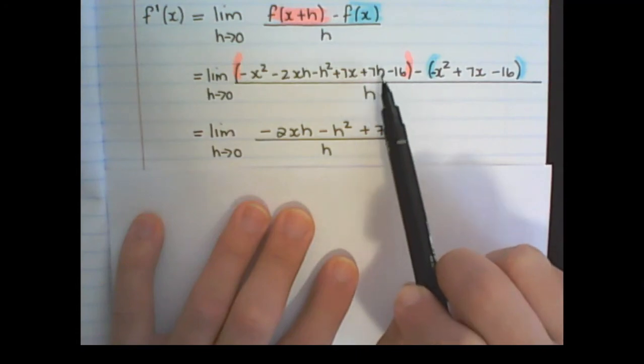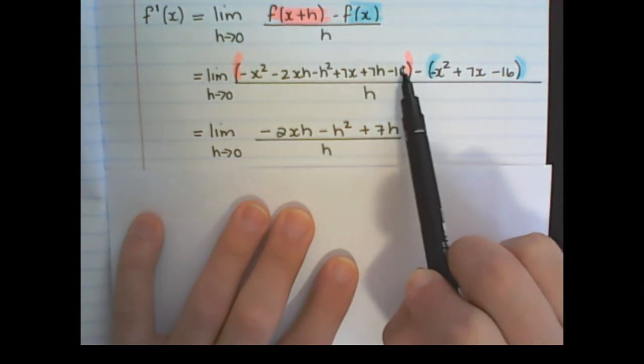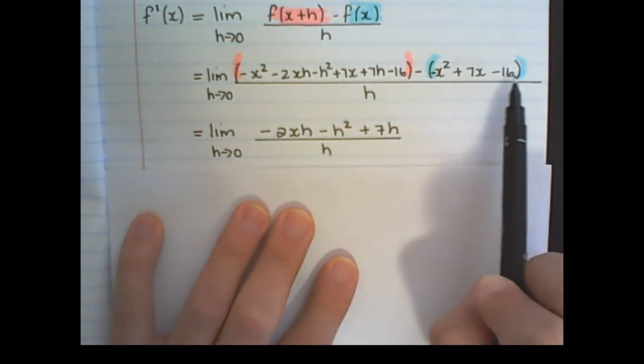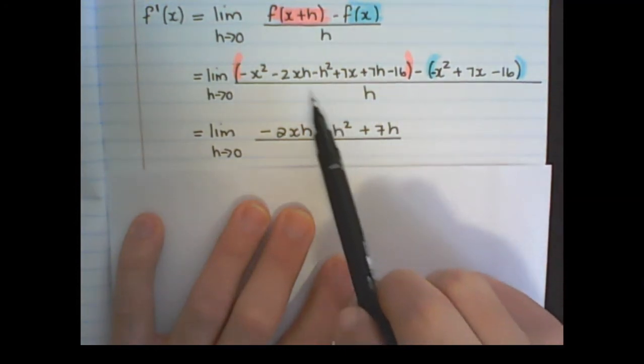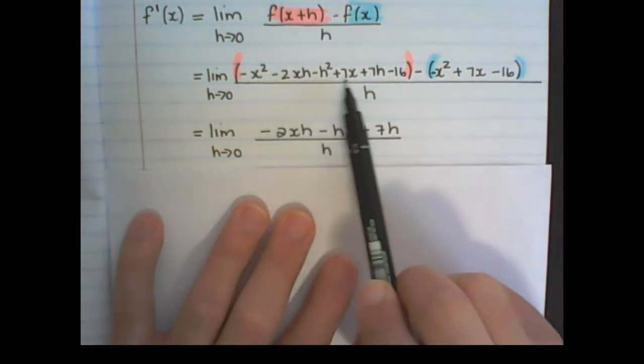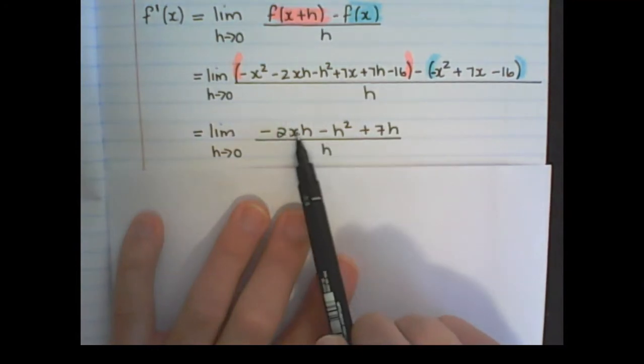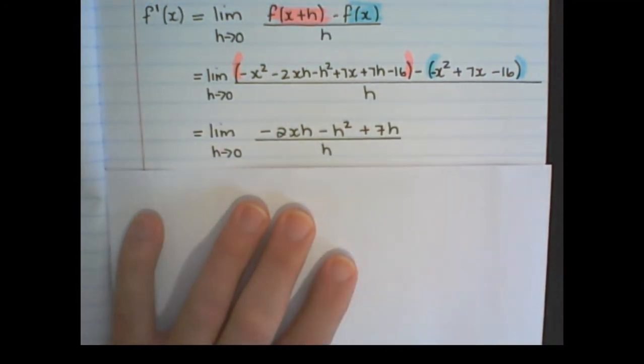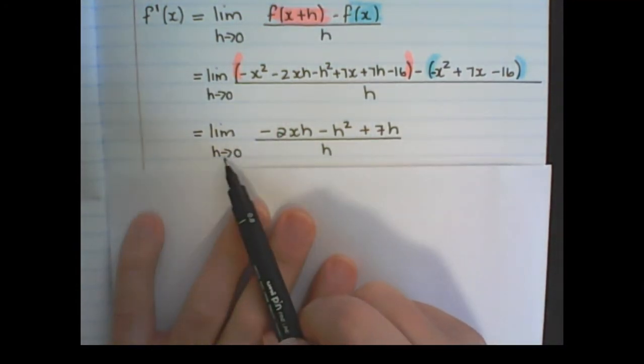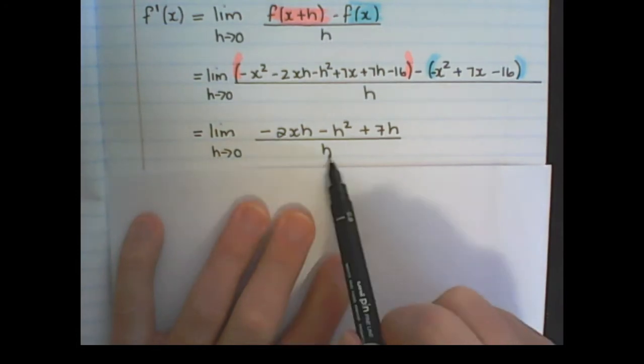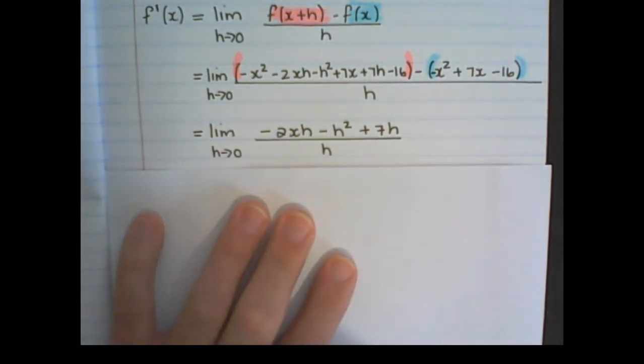I bring 7h down, and negative 16 plus 16 would become 0. So if I simplify the numerator, I'm only left with 3 terms. Now I cannot substitute h with 0 yet because this will become an undefined fraction.